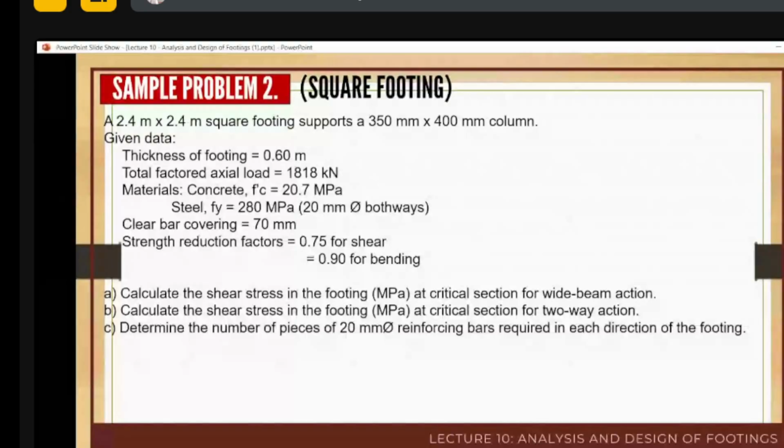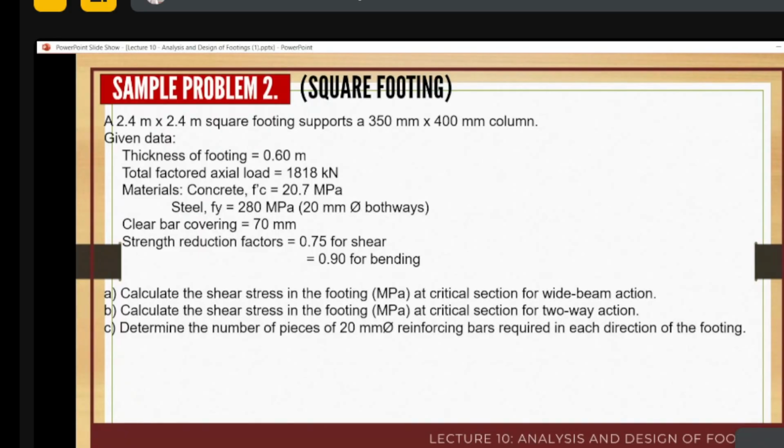What is the formula for two-way shear capacity or two-way shear? So the formula. VU is equal to QU times area out, ma'am. Pwede. Sige. Other formula.